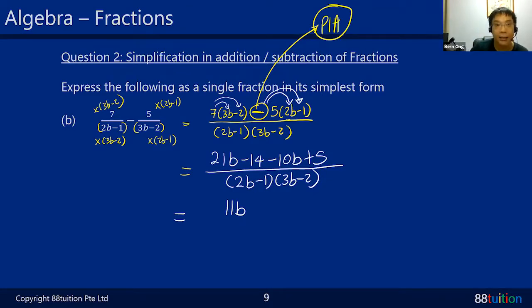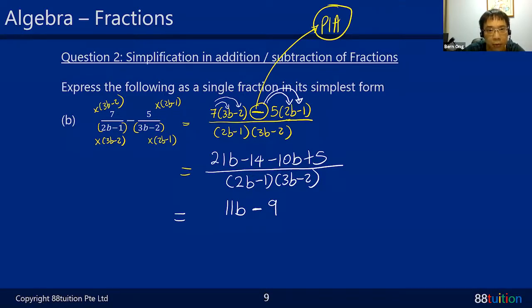So it's not a 9. Who said 9? I'm so upset. No, it's not a 9. It's a minus 9. Be careful. Minus 14 plus 5 is a negative 9. It's not a 9 alone.